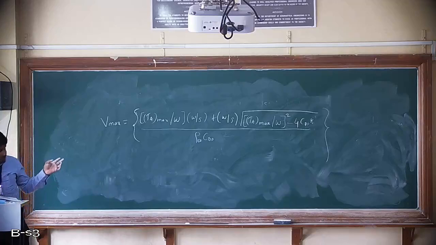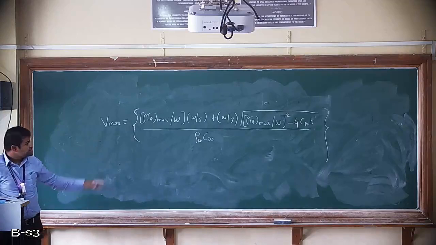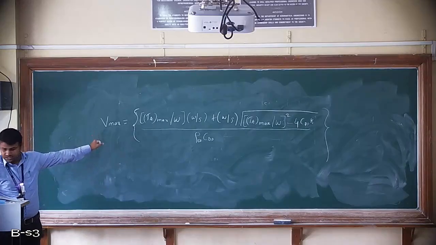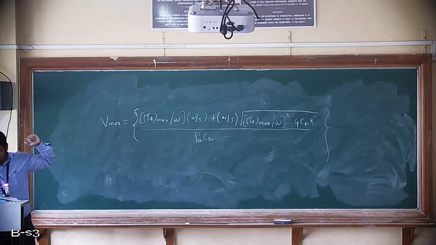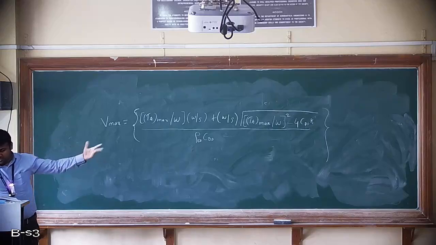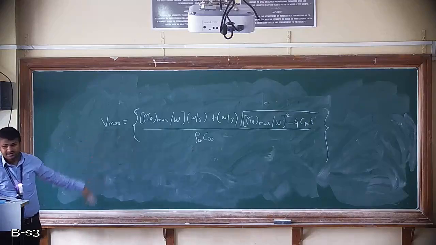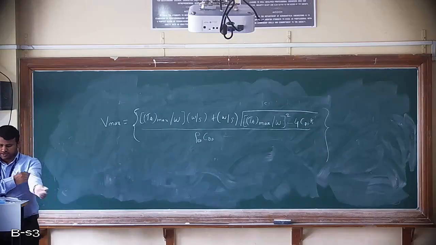So Vmax increases if your TA max and TA max by W increase, and when your wing loading W by S increases, your Vmax increases. When your CD naught and K increase, your Vmax decreases. So these are the conditions.